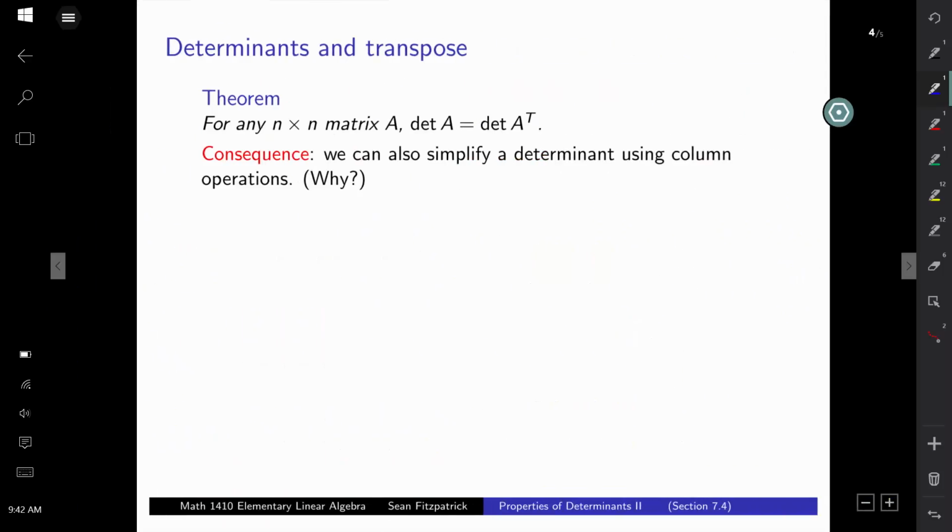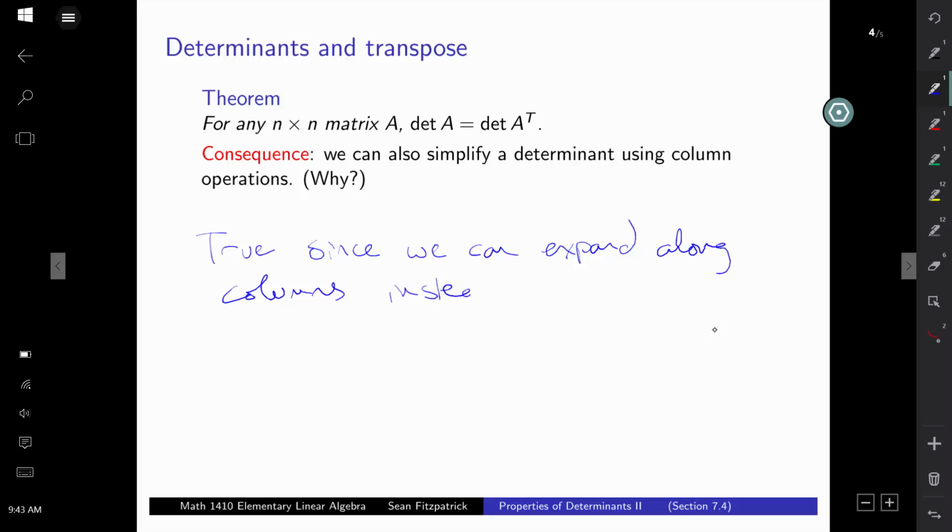Good. All right. Now, a few videos back, we also introduced the transpose. So the determinant of the transpose is the same as the determinant of the original matrix. And the reason why this is true is basically since we can expand along columns instead of rows.